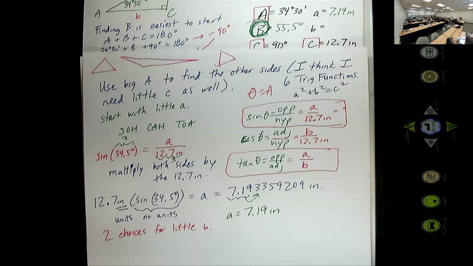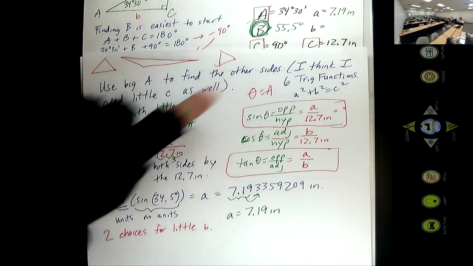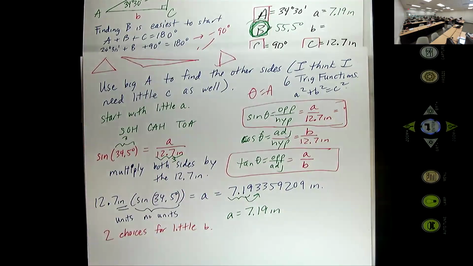Because they don't use the given numbers, they use one that I calculated. They use little a, and little a, I rounded, so it's not accurate anymore. So avoid using the ones that have any information you've calculated on your own, if you can.